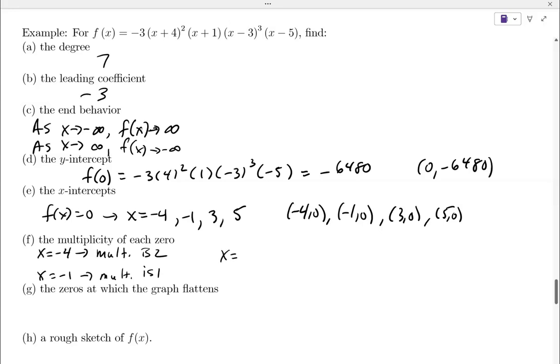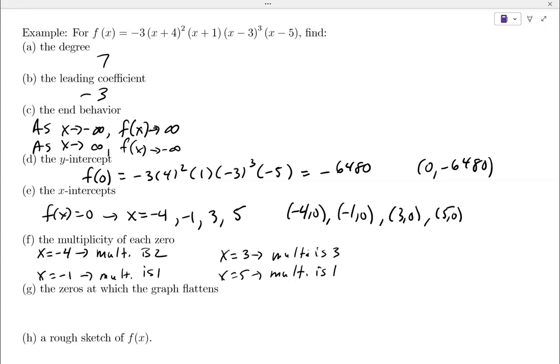For x equal to 3, it's 3. And for x equal to 5, the multiplicity is 1. Again, that's just the power on the factor that gave us that 0.